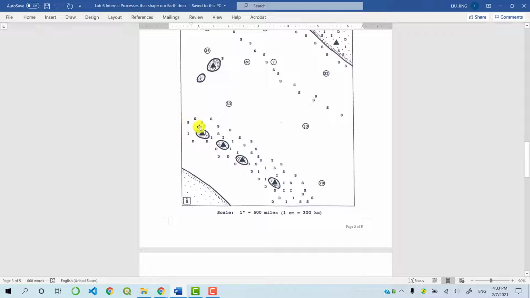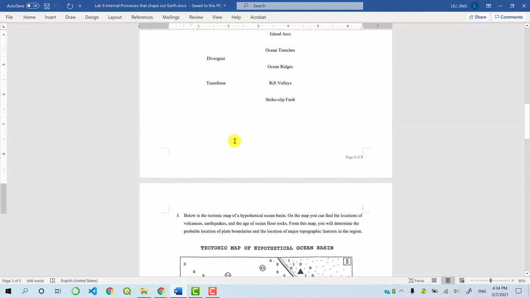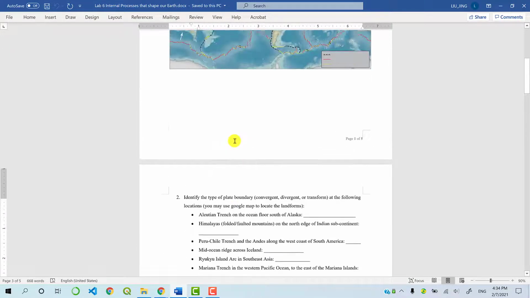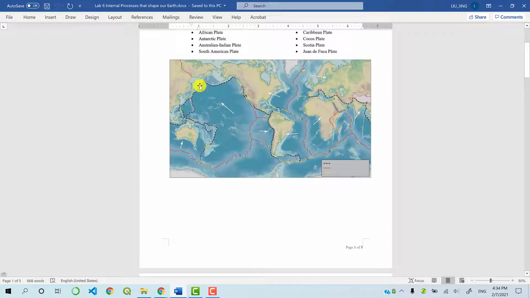But you have a chain of islands here, and if you see triangles here, that means all these islands have active volcanoes. So it looks like our Aleutian Islands. If you've been there, all these islands have volcanoes on them.